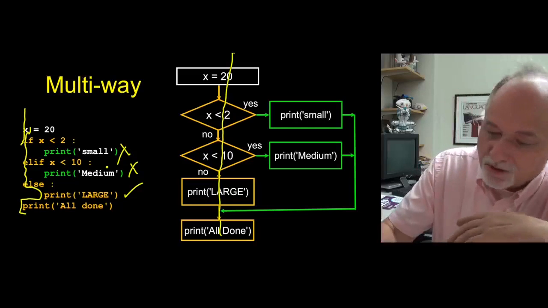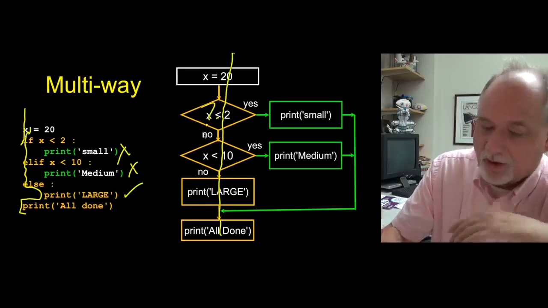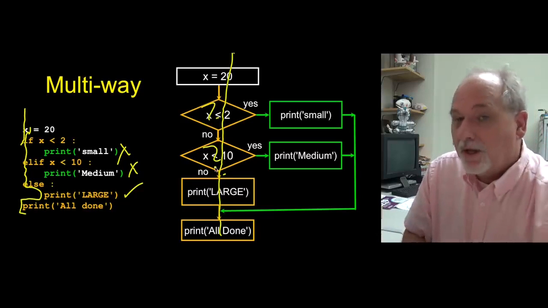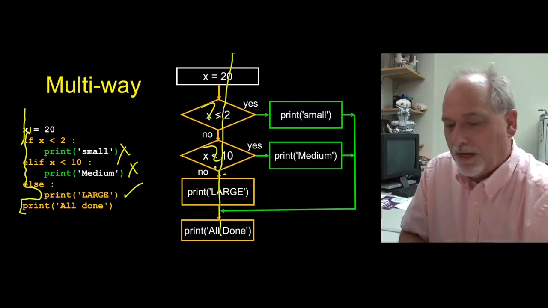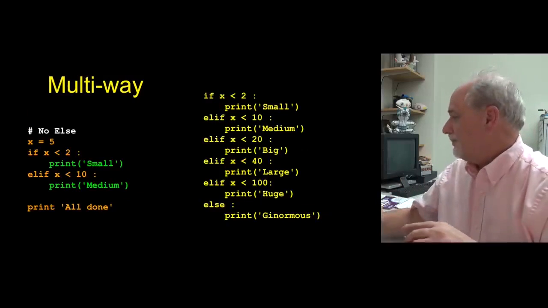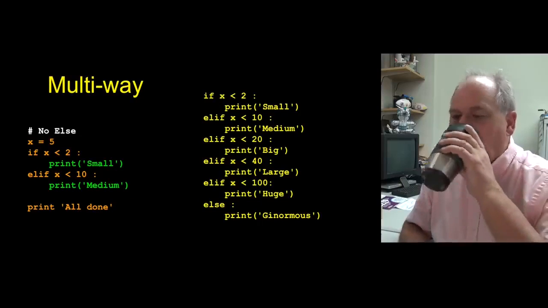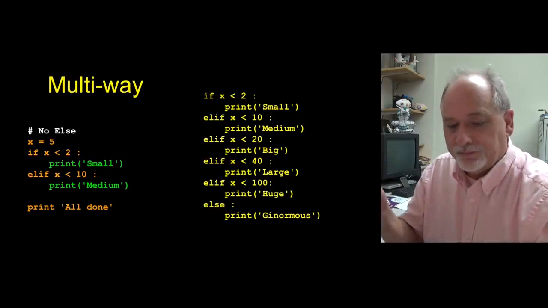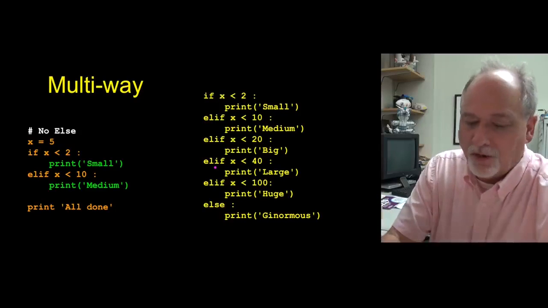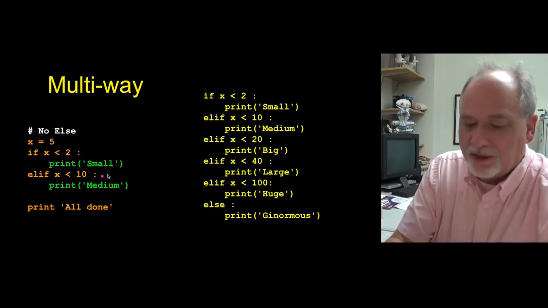These questions are checked in order, not out of order. It doesn't look ahead. It just checks in the order that you wrote it. You're the one that wrote that order. And there's a couple of variations on this multi-way. You can have no else, as in this case. And this just means that it might not run any of them.